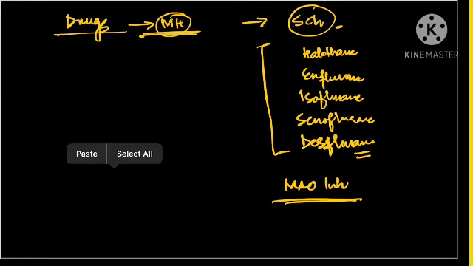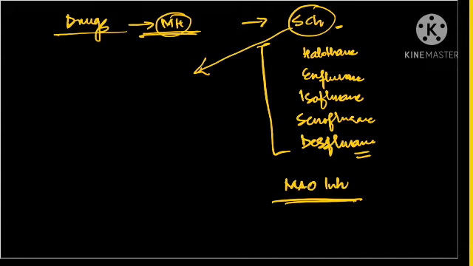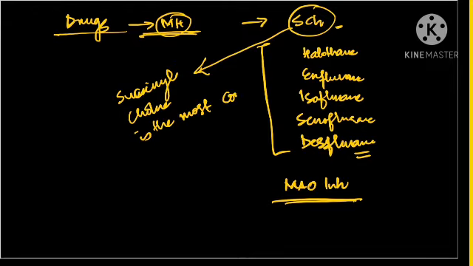Which is the most common drug implicated in malignant hypothermia? Succinylcholine is the most common cause.